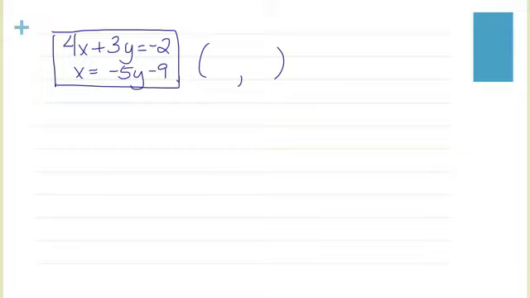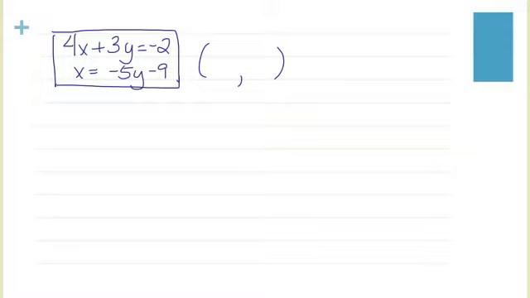We call this solving by substitution, because what I'm going to do is substitute a chunk of stuff in for one of the variables. We have two variables in two equations. We want to turn that into one equation with one variable, because then we can solve it.